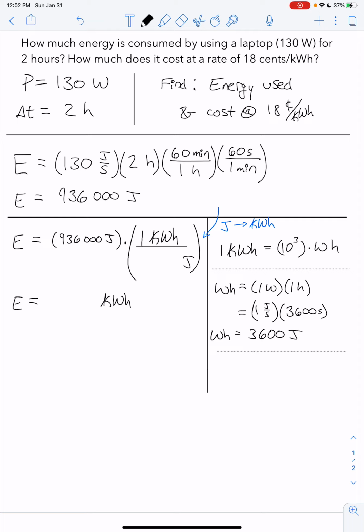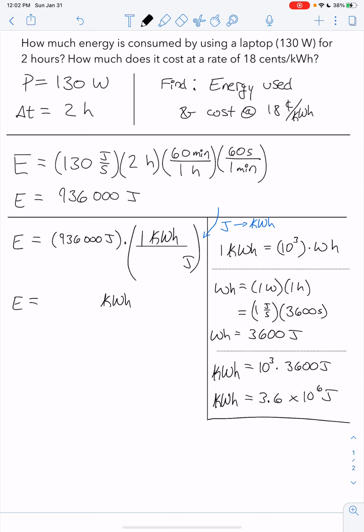And so we're going to think in terms of kilowatt hours, because a kilowatt hour is 10 to the 3 times a watt hour, which is 3,600 joules. So a kilowatt hour is equal to 3.6 times 10 to the 6 joules. So it's a pretty sizable unit of energy, and that reflects the amount of energy we're going to be dealing with in these problems.